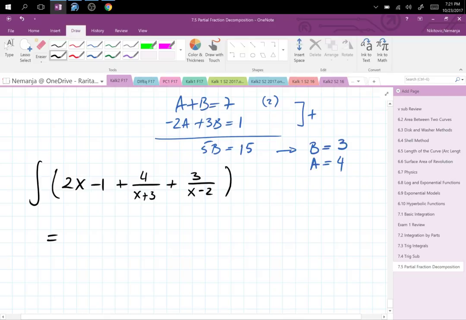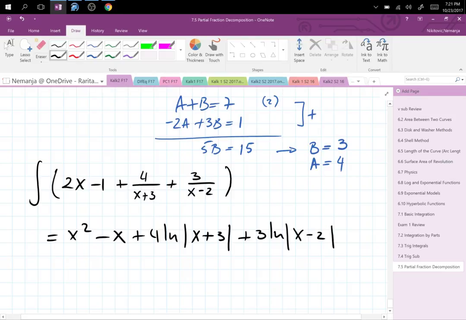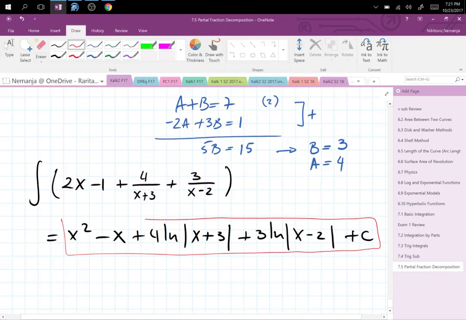All basic integrals. Plus c at the end. Make sense?